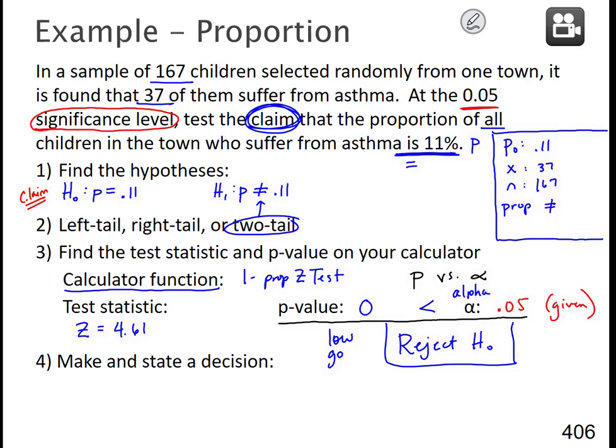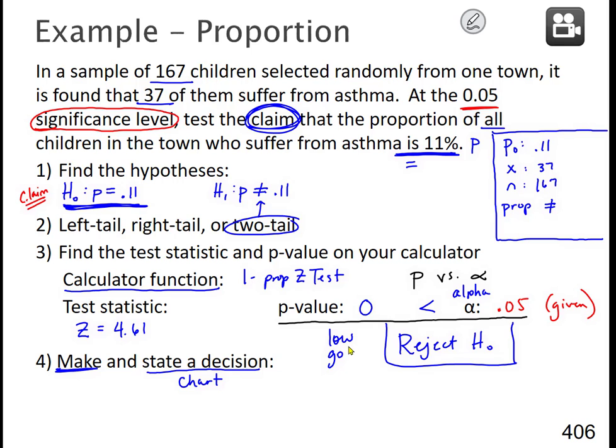So on your homework, when it says make a decision, we just made it. And now that we know that we've rejected, we're going to write a conclusion statement, and stating the decision is where we're going to go to our chart. We need 2 pieces of information, the reject and the original claim. Go back to step 1 and see that your claim had the equal sign.